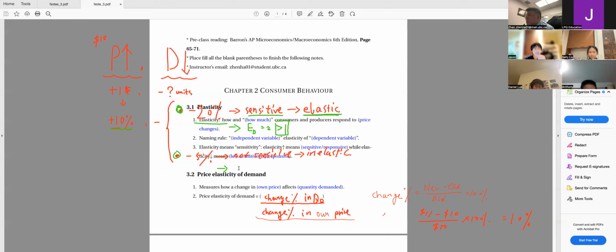What is the ED for my second example? If my second example was a price increase of 10%, quantity demanded decreased by 5%. So what is the ED?